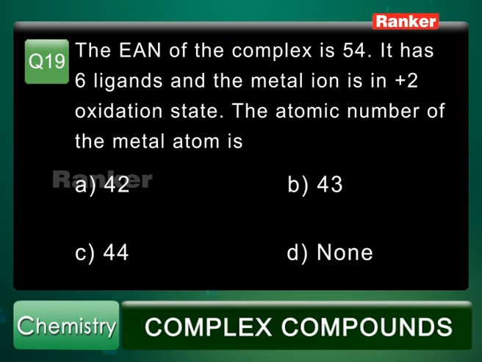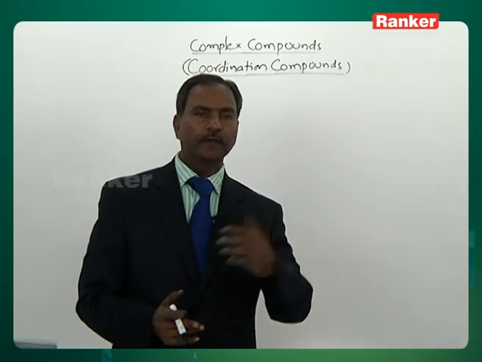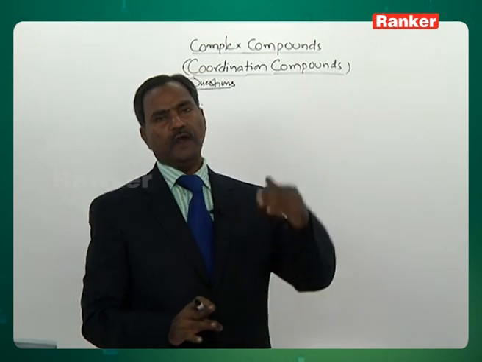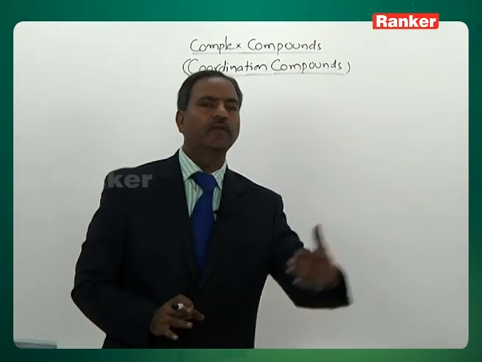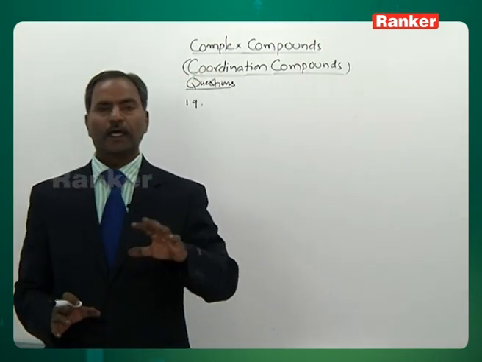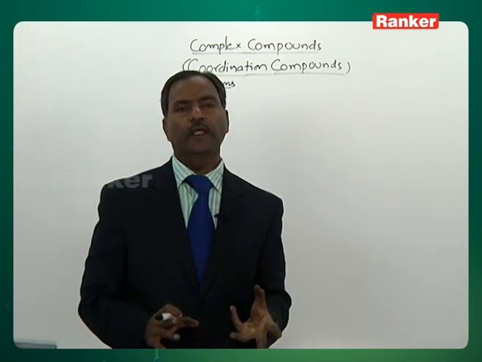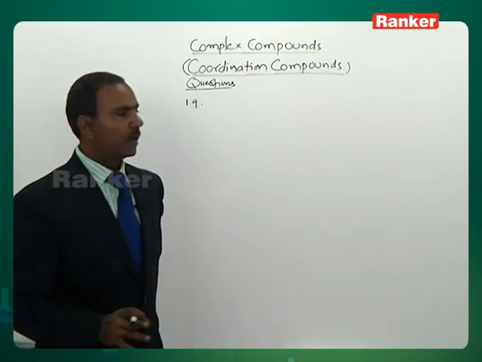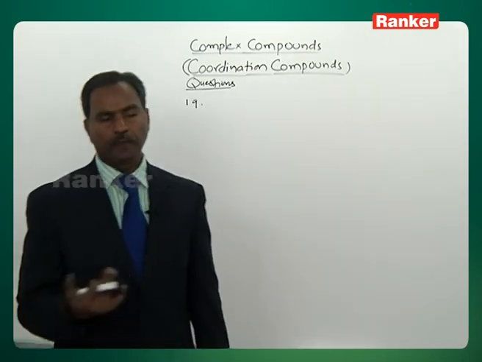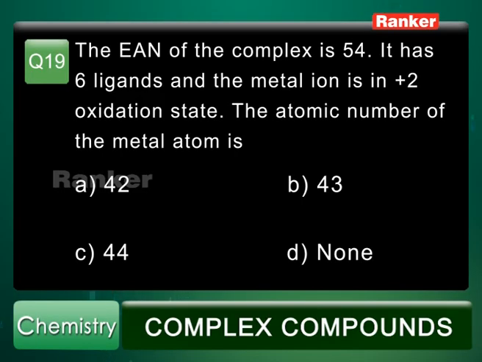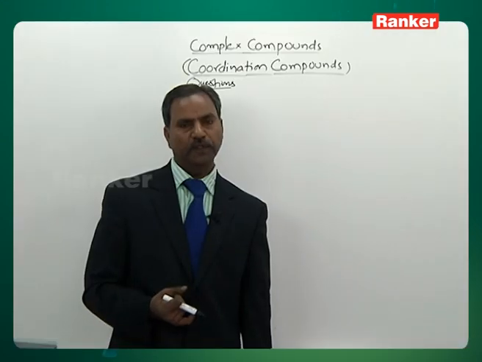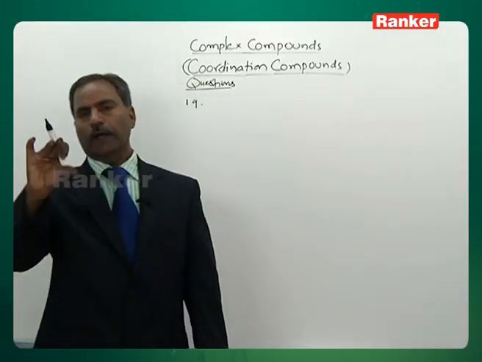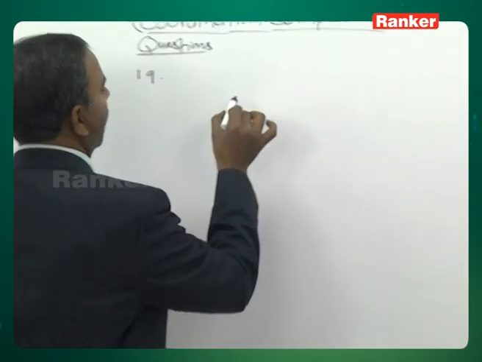The atomic number of the metal atom is, he has given the EAN and the oxidation number, and the question is what is the atomic number of the metal atom or metal ion. Option A is 42, option B is 43, option C is 44, and option D is none.